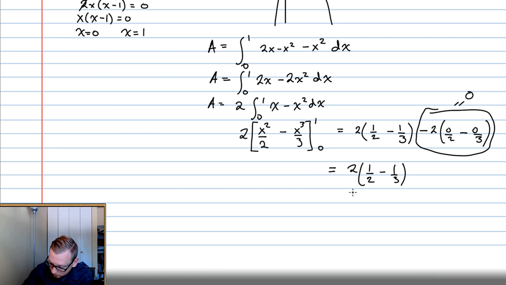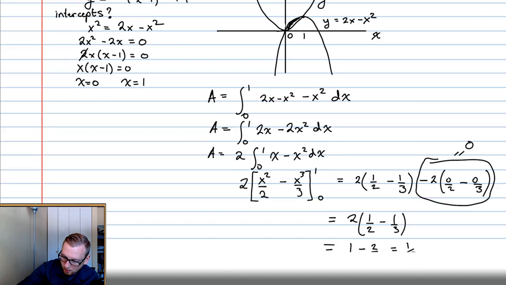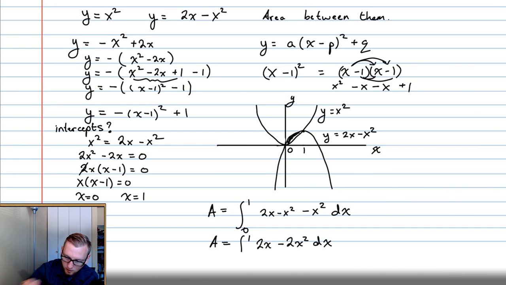Which, if we want, we could just say is 1 minus 2 over 3. 2 over 2 is just 1, right? And which equals 1/3. That is our area between those two curves.